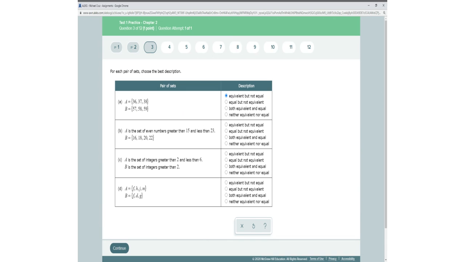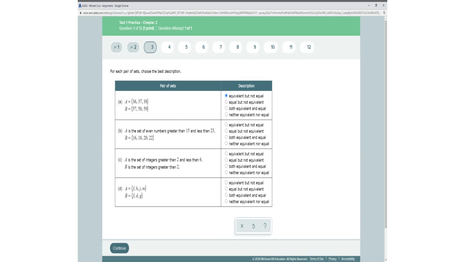Oh, okay. See, look at B now. These are actually equal because, let me go over there to the board. It says greater than 15 and less than 23.